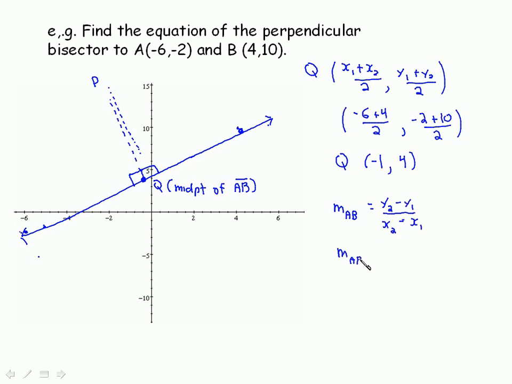So this is 10 minus -2, 10 plus 2, and then 4 minus -6 is 4 plus 6. So m_AB is equal to 12 over 10, which is equal then to 6 over 5.